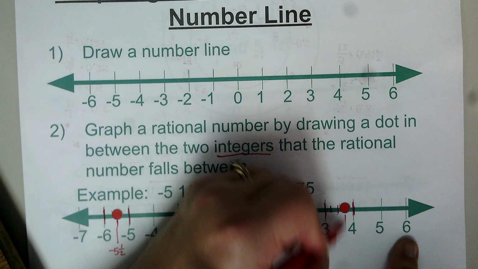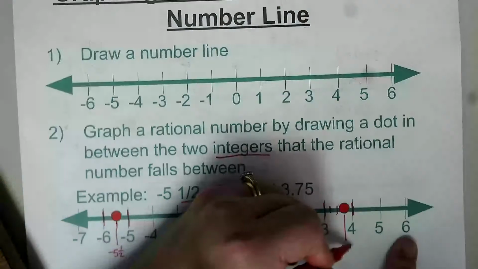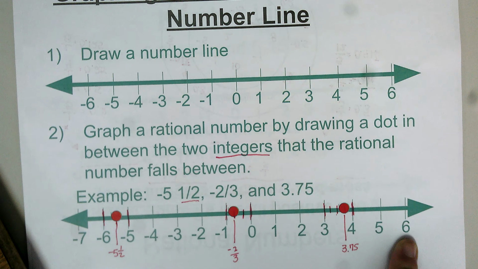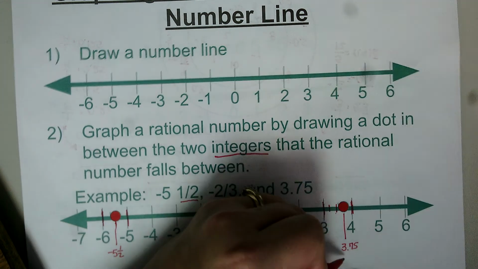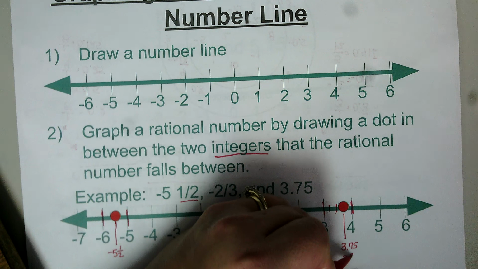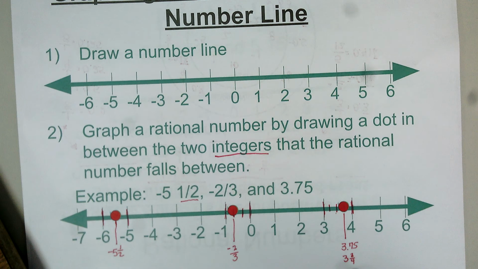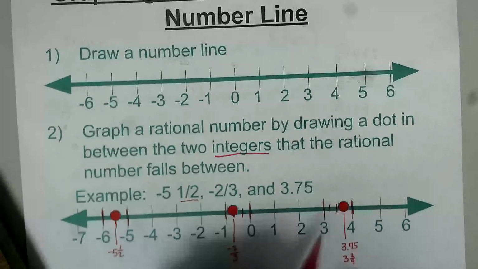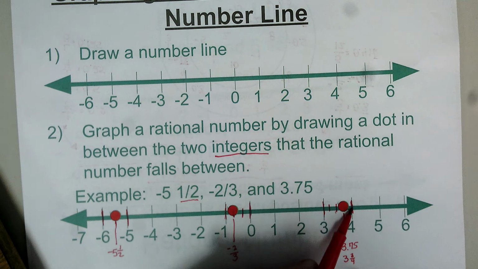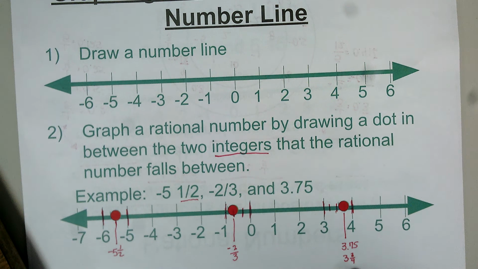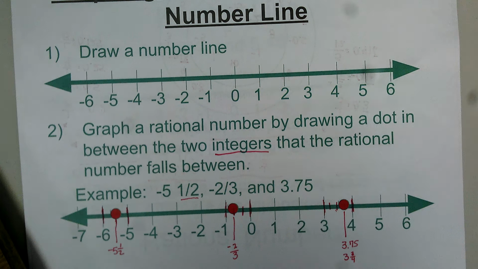So my 3 and 75/100 is right there. It's also the same as 3 and 3/4 if you wanted to make it a fraction. So 3 and 75/100 would be 1/4, 2/4, 3/4, 4/4 as a whole. Okay. That is how you are going to use your number line to locate rational numbers.